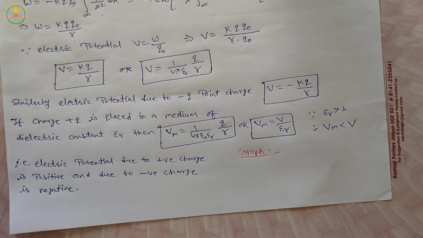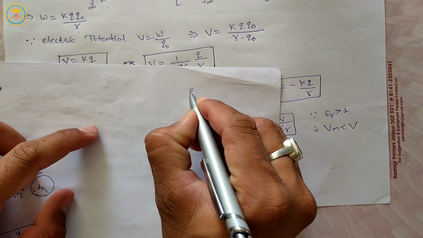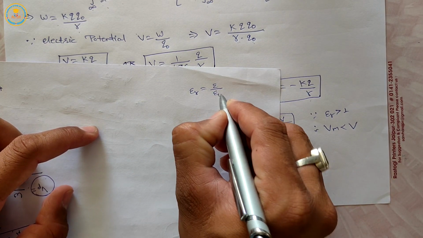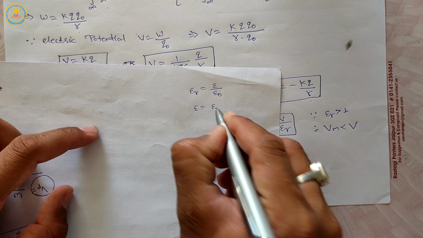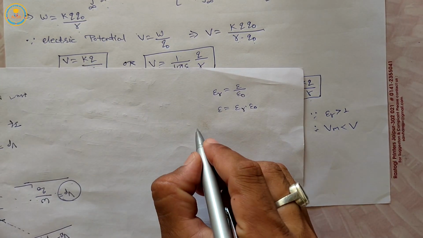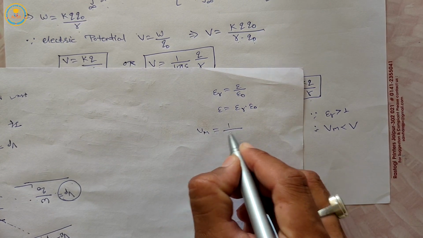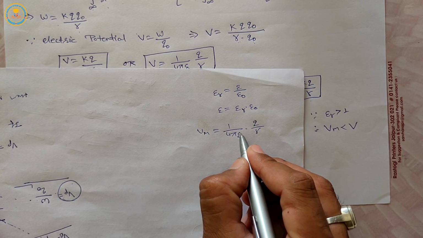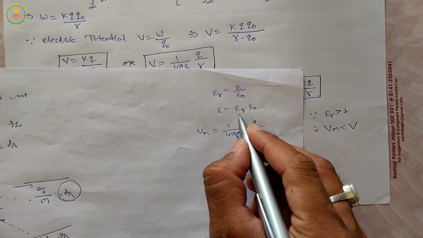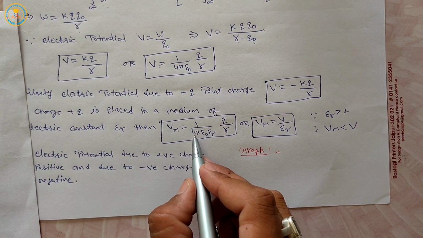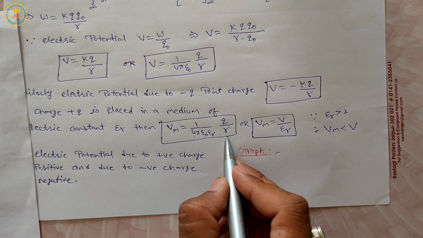From chapter 1 we know that the dielectric constant epsilon r is equal to epsilon over epsilon naught, so epsilon is equal to epsilon r into epsilon naught. So for a medium, Vm is equal to 1 upon 4 pi epsilon, Q upon r. We replace epsilon by this quantity, so Vm is equal to 1 upon 4 pi epsilon naught epsilon r, Q upon r.